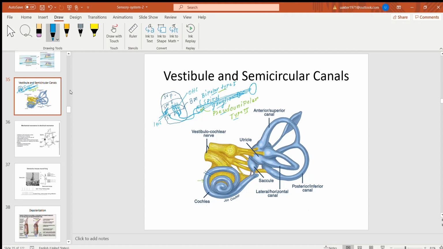So this is the first cochlear nucleus that receives signal from the cochlear branch of the auditory nerve. So, cochlear nucleus, and these fibers are the cochlear nerve fibers.